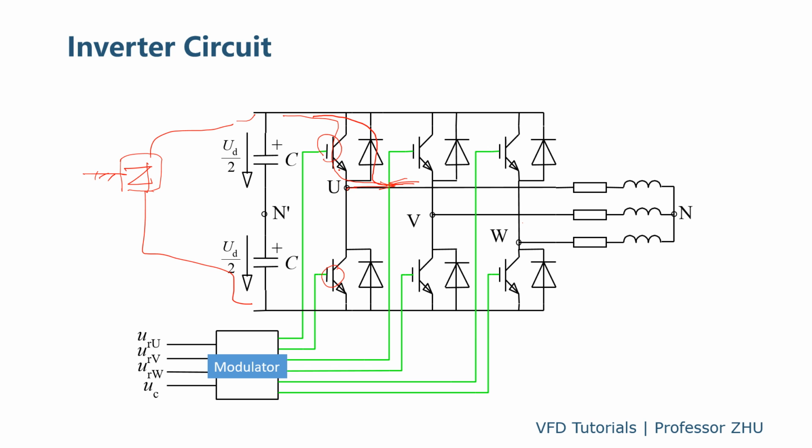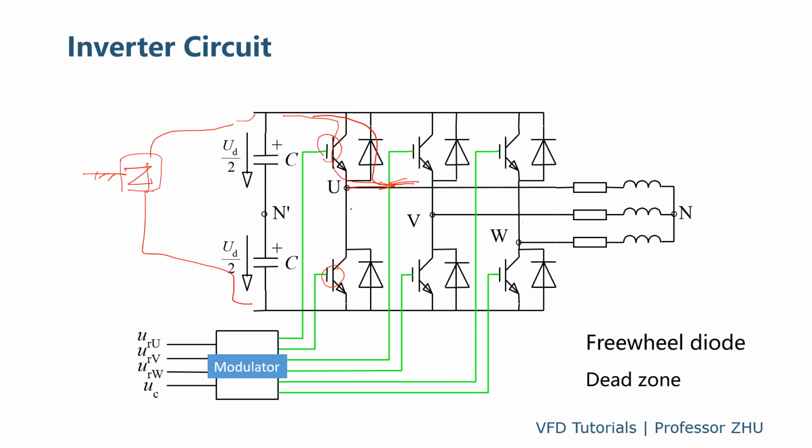Because there is a delay on the IGBT firing, either on or off, for safety we set a time we call the dead time, or dead zone. In this period of time, both this one and this one are off.